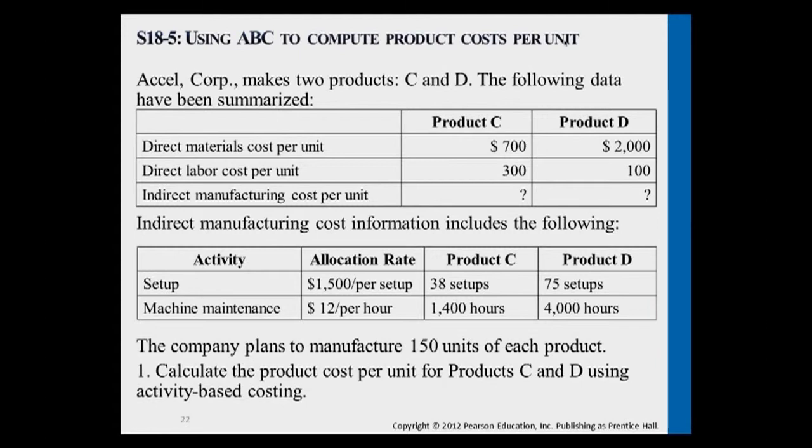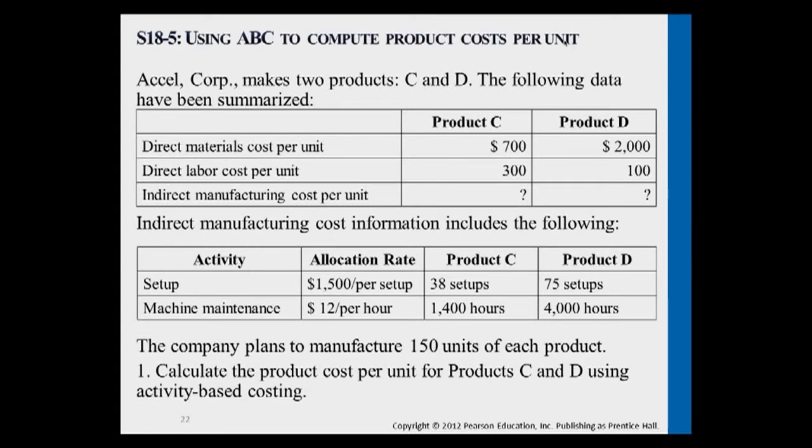Okay. Yes? Okay, we have 1,492. How did you get your 492? Aren't you asking for the cost per unit for the indirect manufacturing? Well, can you go through how did you find cost per unit for C?